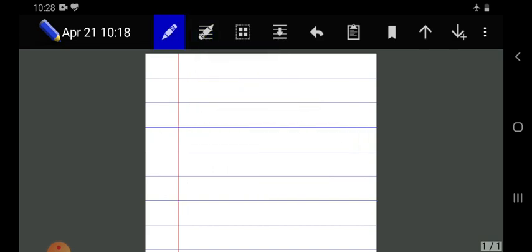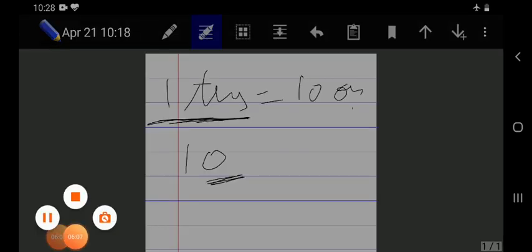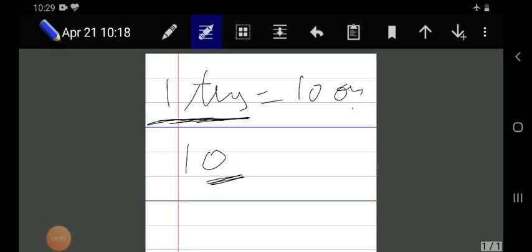One more time, let's do a revision, a quick recall. 1 ten is equal to 10 ones. In tens, how many zeros are we having? Only one zero.